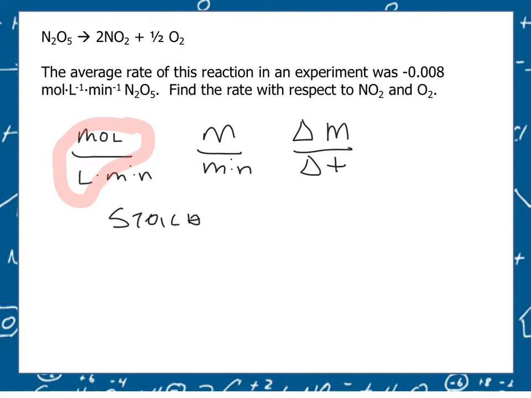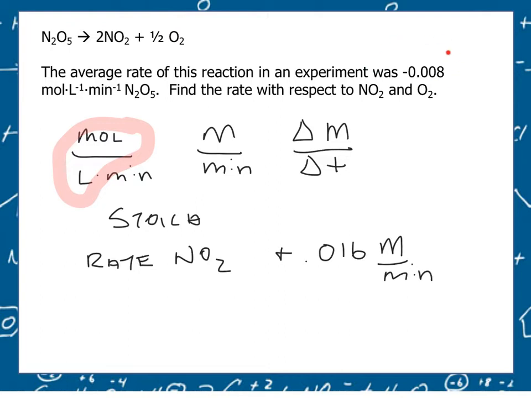Because if N2O5 is disappearing, that's why it has this negative rate. If it's disappearing at 0.008, that means NO2 is going to be appearing at twice that rate. So the rate of NO2 is going to be positive 0.016 molar per minute.